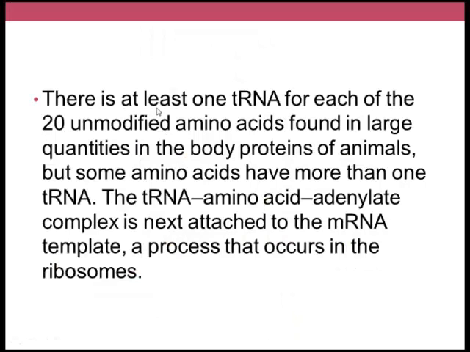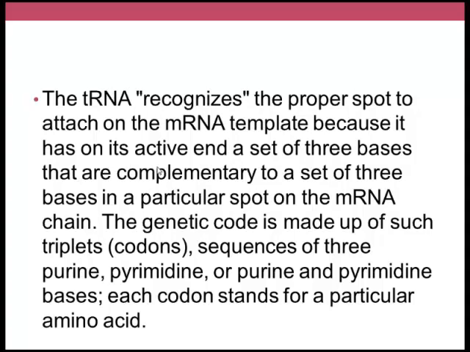There is at least one tRNA for each of the 20 unmodified amino acids found in large quantities in the body proteins. But some amino acids have more than one tRNA. The tRNA amino acid adenylate complex is next attached to the mRNA template in a process that occurs in the ribosomes.